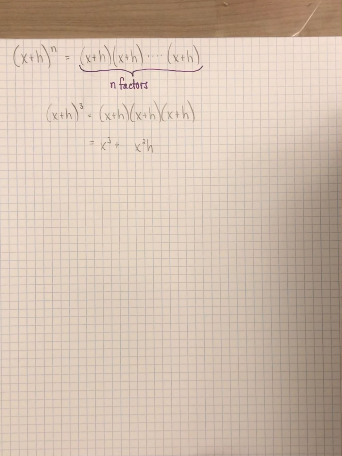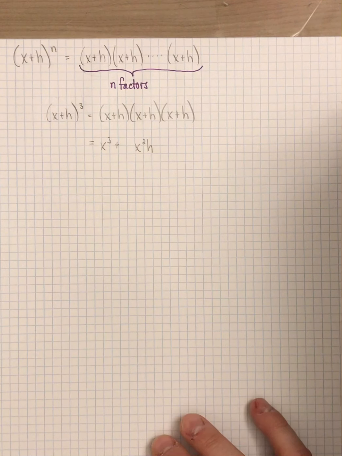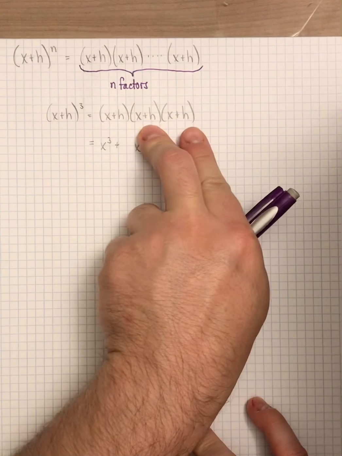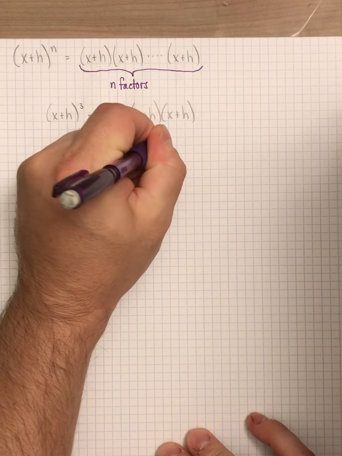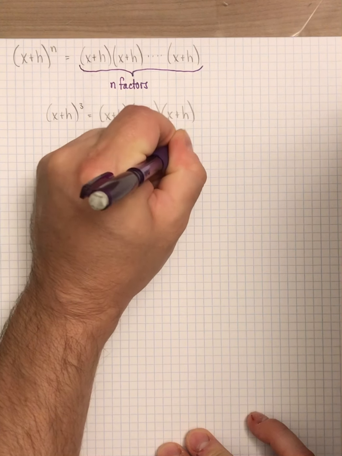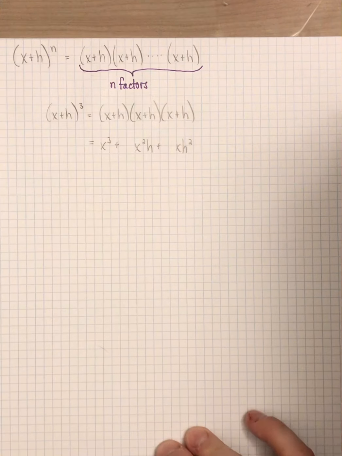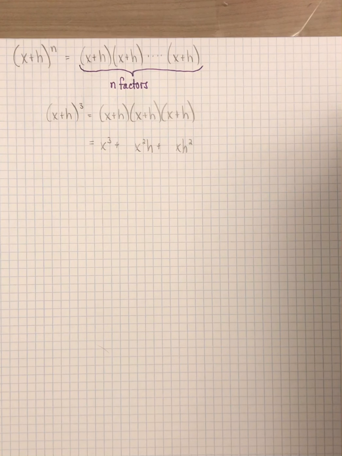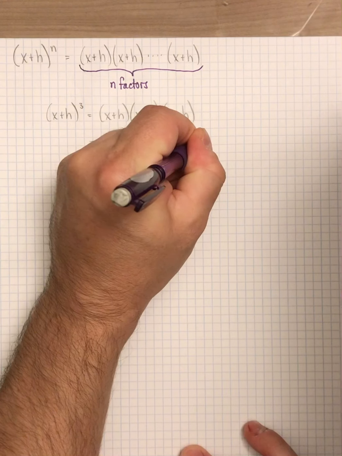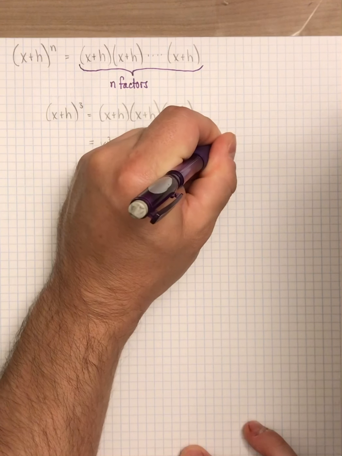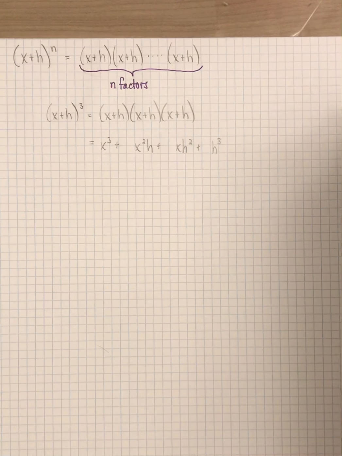Of course, I could pick two of them to be an h, but if two of them are chosen to be h, that means the third has to be chosen to be x. And of course, the last part, what if all three are chosen to be h? Now, what we get here is that no matter what, I'm picking three factors every time.